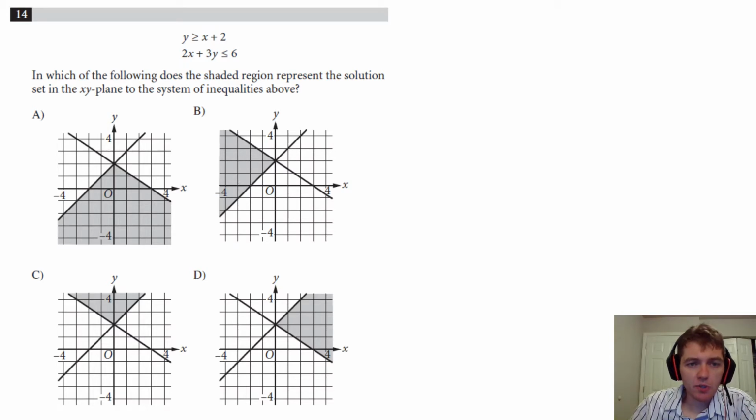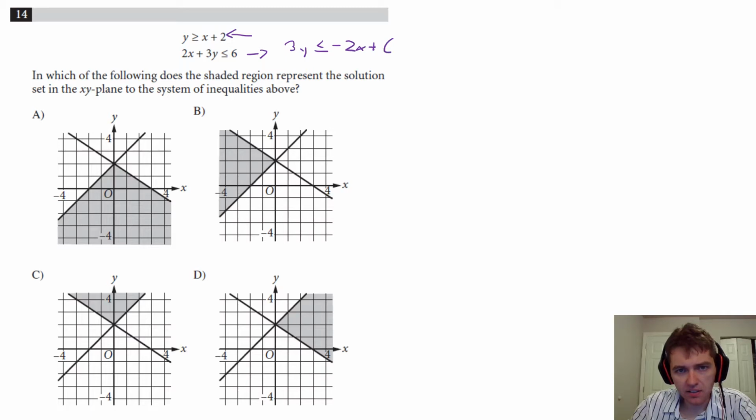Problem 14. In which of the following does the shaded region represent the solution set in the xy plane to the system of inequalities above? The first inequality is pretty simple because it's already in that y is equal to mx plus b form. The second one you might want to rearrange a bit just to make it easier to see. Isolate your y basically, so you can simplify by saying 3y less than or equal to negative 2x plus 6, divided by 3, y is less than or equal to negative 2/3 x plus 2.